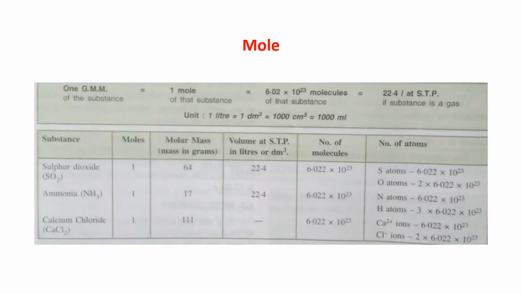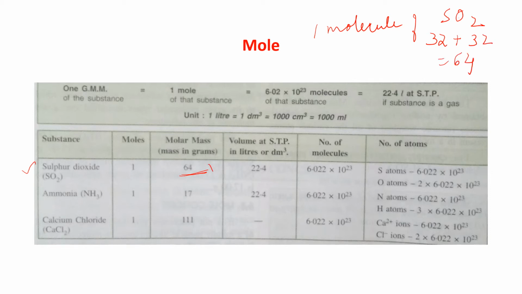So all the things that we have read till now are given in a table with examples. The substance is sulfur dioxide. 1 mole of sulfur dioxide has a molar mass of 64 gram. Sulfur is 32, oxygen is 16, two of them make 32, so it is 64.